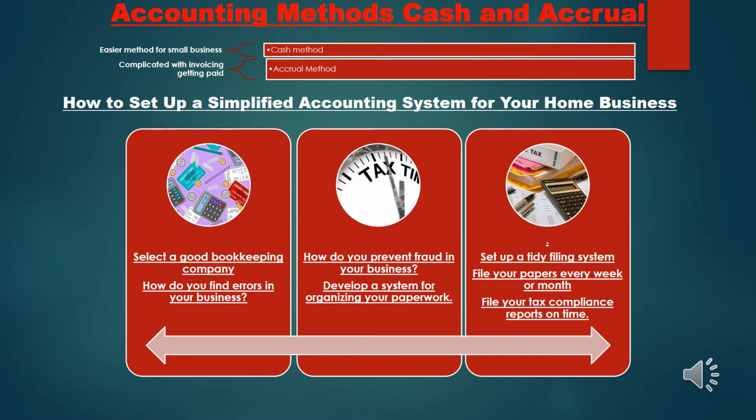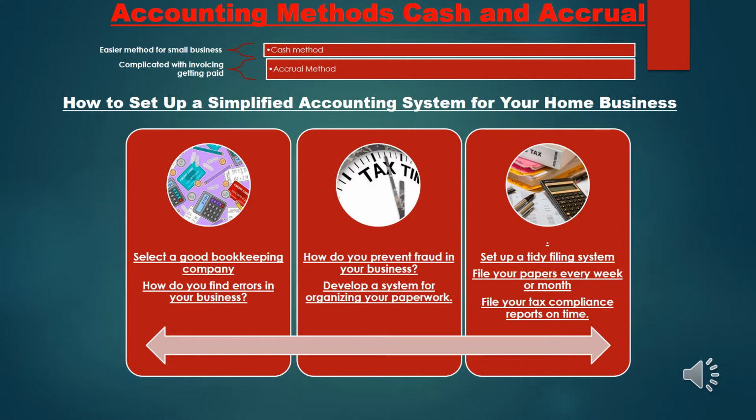File your papers every week or month. Do not let them pile up. Keep everything related to your writing or blogging career organized in labeled files or binders. Also, enter your bookkeeping information in batches to save time.